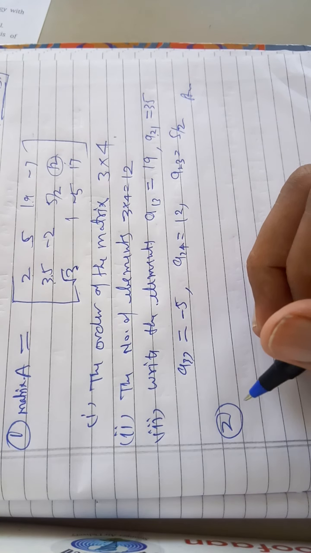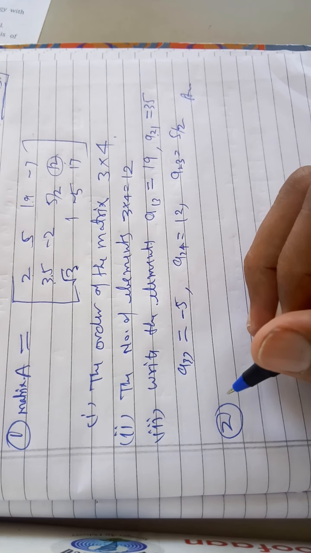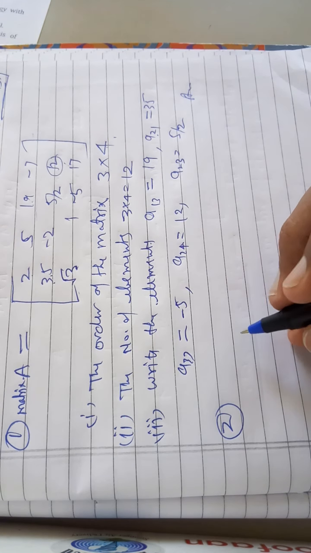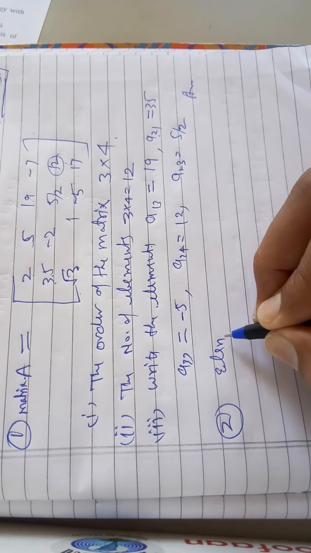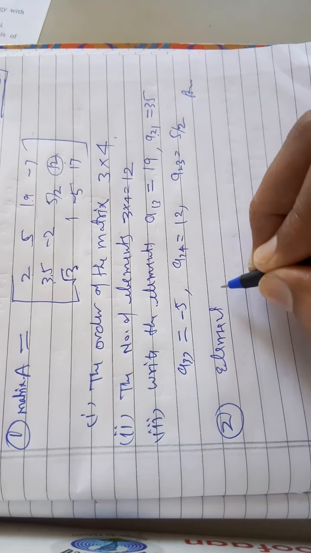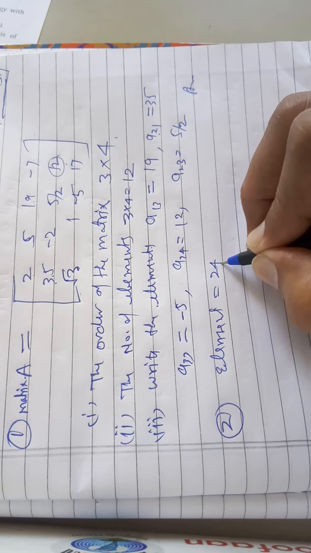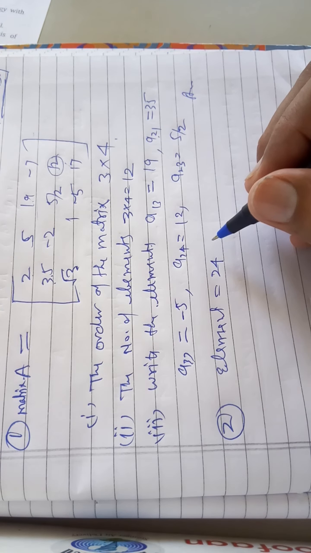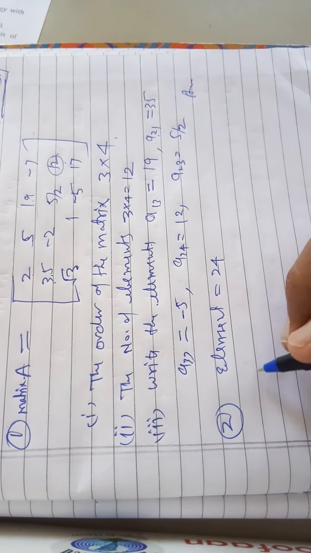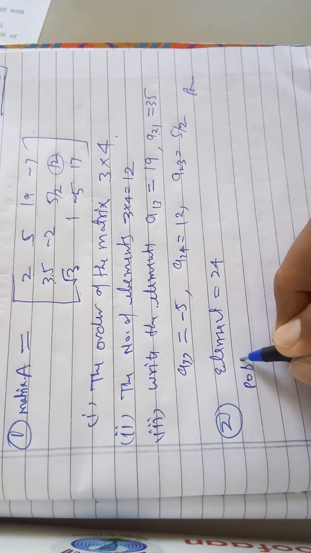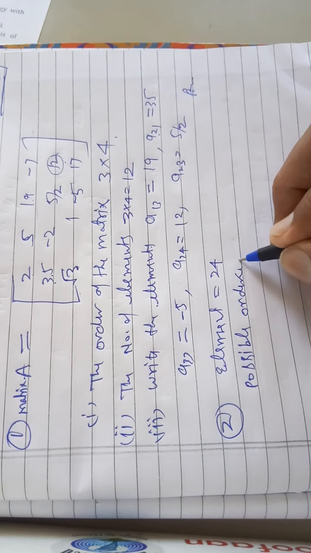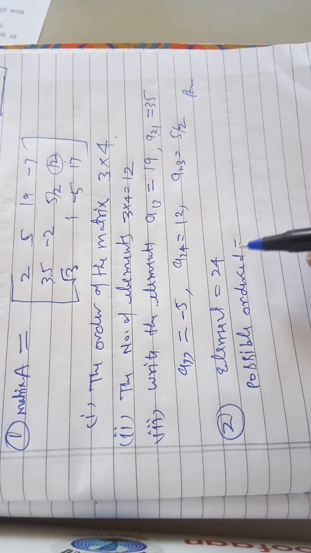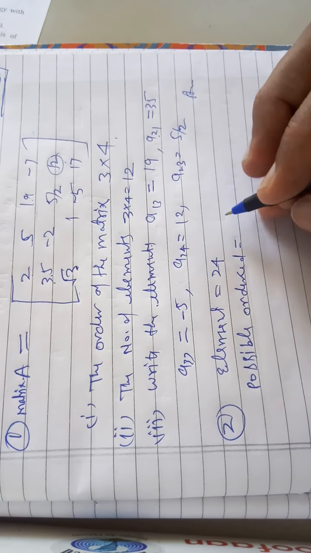Now solve question number 2. If a matrix has 24 elements, what are the possible orders? Possible orders means the factors of 24.